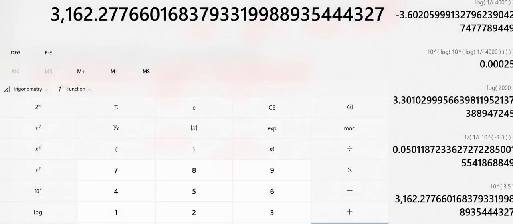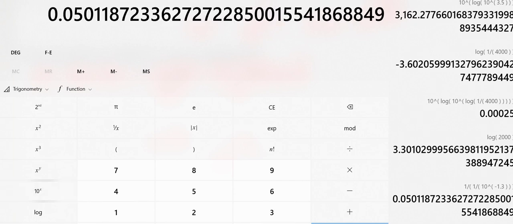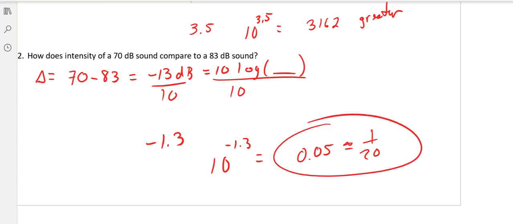So I want to put in 1.3, change sign, make it negative, and go 10 to that power, and I get 0.05. And that's the ratio. That's how much quieter it is, which is about 1/20th. It's approximately. There's more on that, but 1/20th is what's going to be quieter by that factor. Hope this helps you.